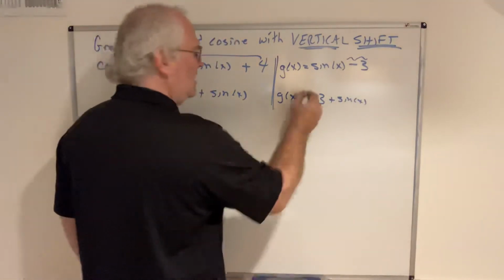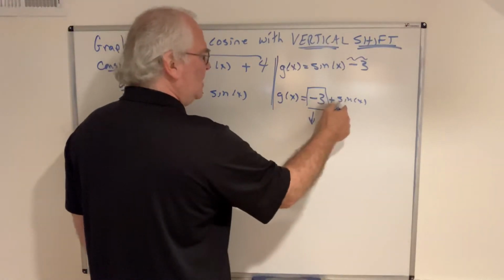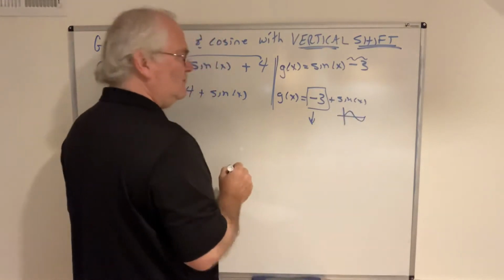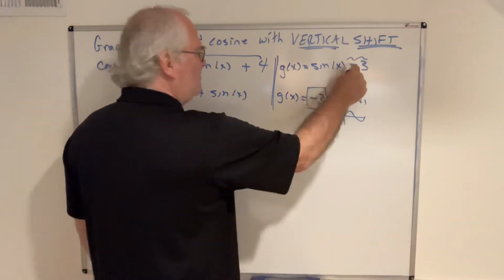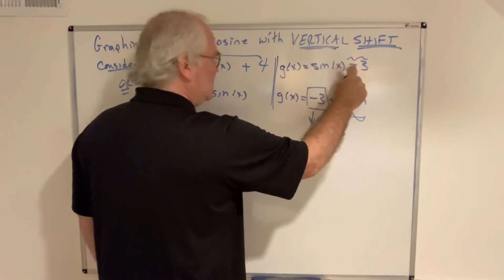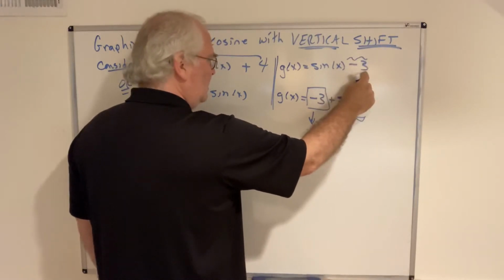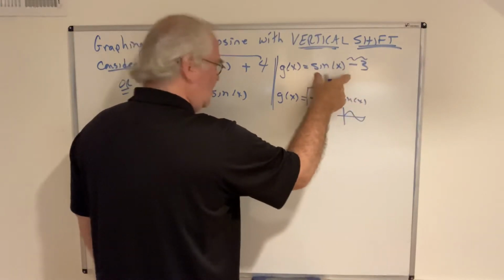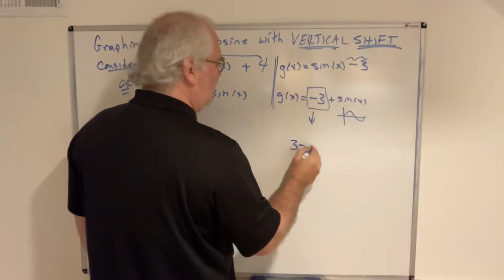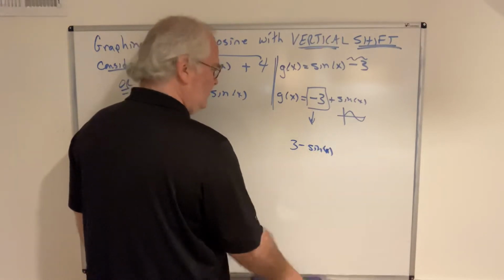This is good for us because it tells us we're shifting down, but this tells us our basic shape is still the positive sine curve. So it's very important that you keep this negative. The negative sign goes with the number behind it. So it would not be correct to rewrite this as 3 minus sine of x. That is something different entirely.